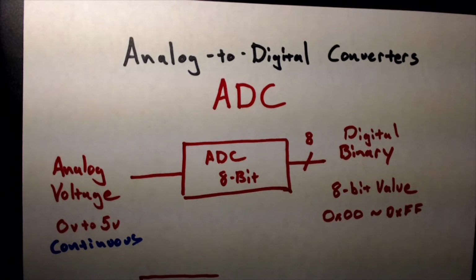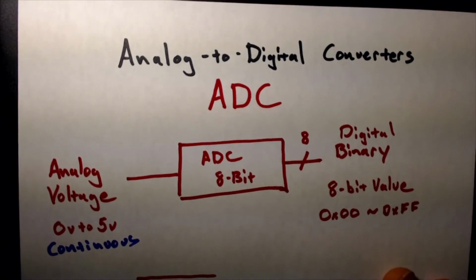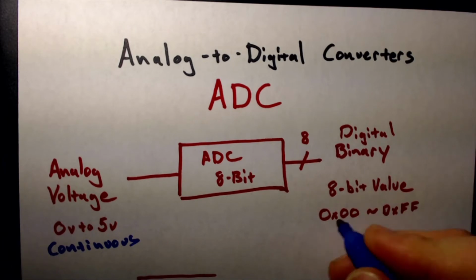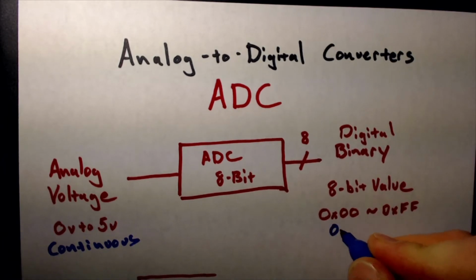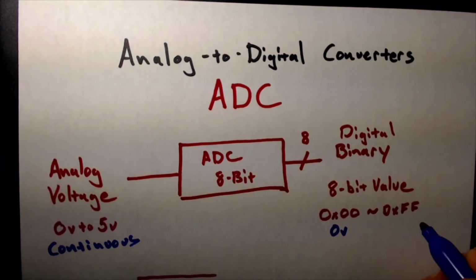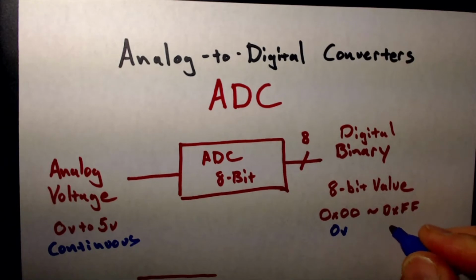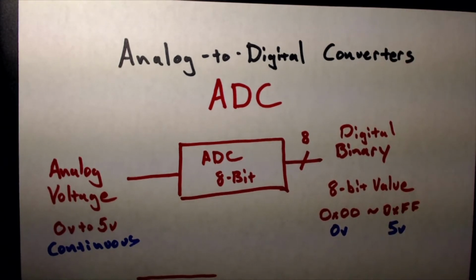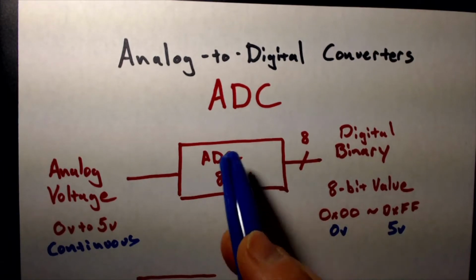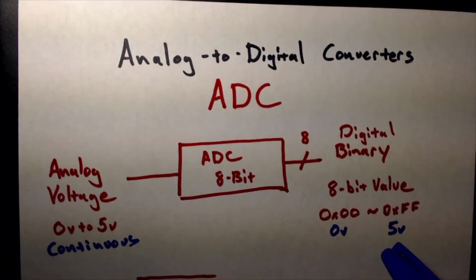So you can think of 00 as referring to 0 volts, and FF as referring to 5 volts. And we'll see how that conversion is done, both from a math point of view, numerically, and also how the ADC works on the inside to achieve this.